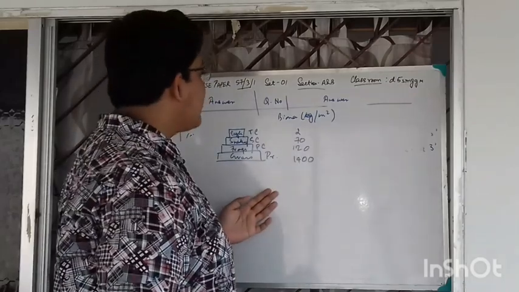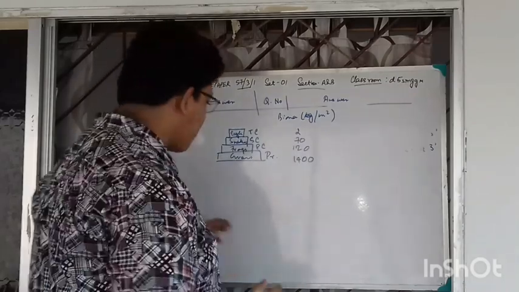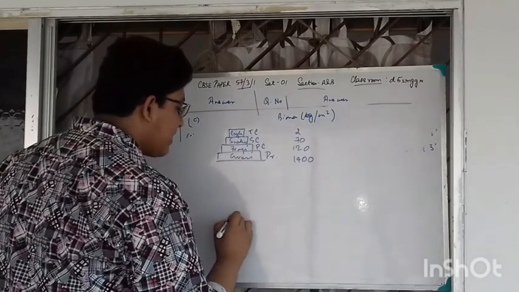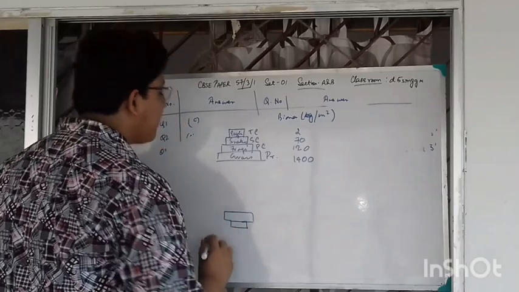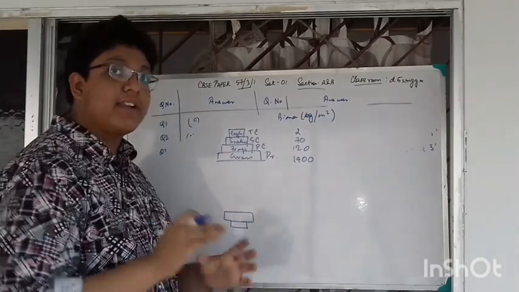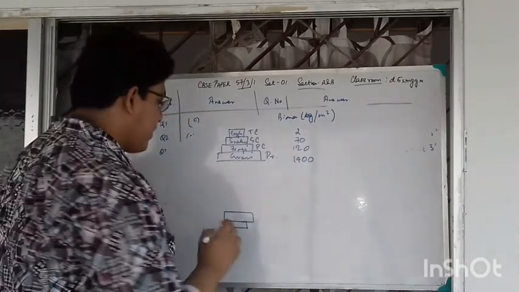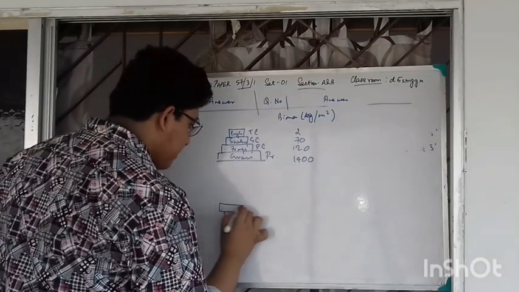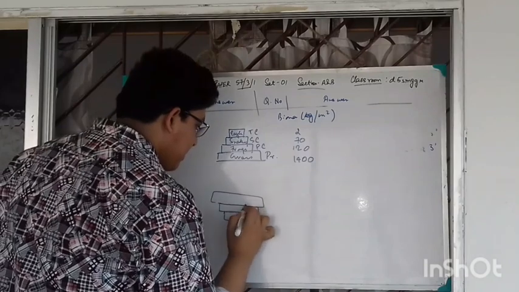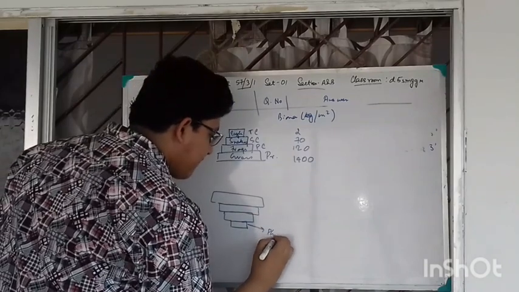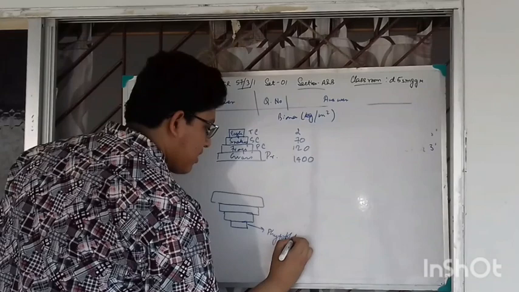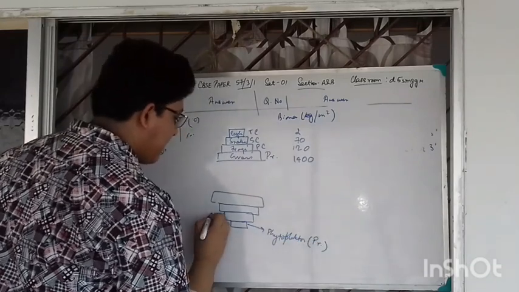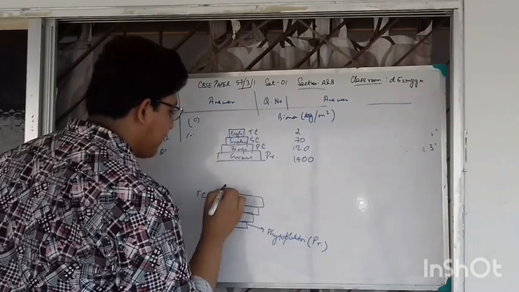Okay. Now, in the case of the aquatic food chain, the biomass of phytoplankton is the lowest, followed by the small fishes and then the large fishes. So these are phytoplankton. They are the producers. These are primary consumer, secondary consumer, tertiary consumer.